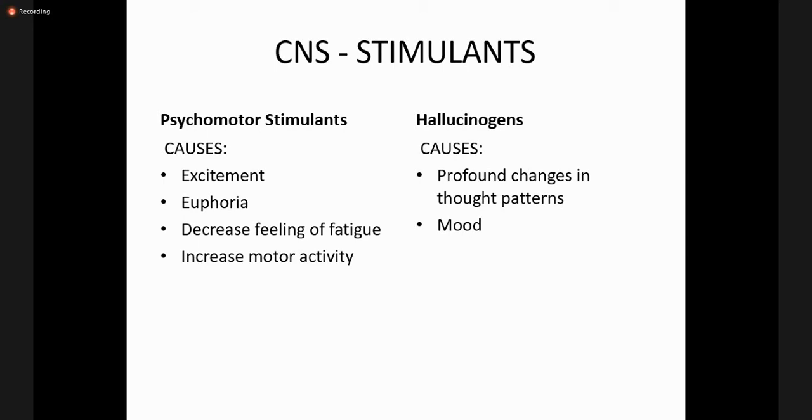And these are the activities which are responsible for, or which may cause, the development of drug addiction.